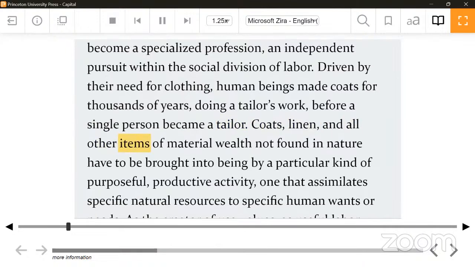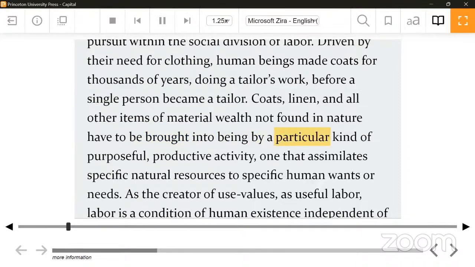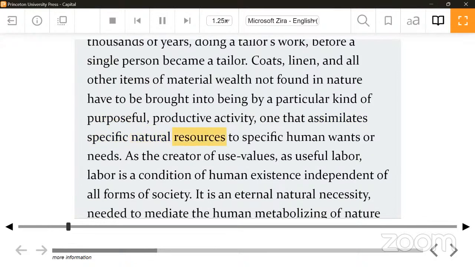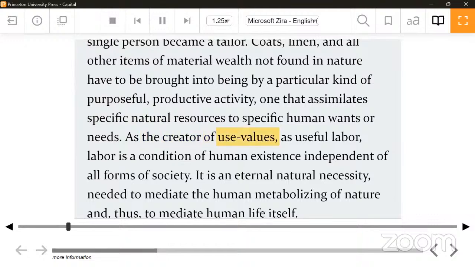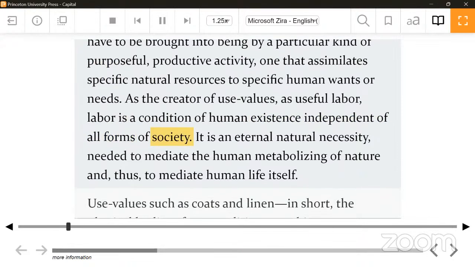Coats, linen, and all other items of material wealth not found in nature have to be brought into being by a particular kind of purposeful, productive activity, one that assimilates specific natural resources to specific human wants or needs. As the creator of use values, as useful labor, labor is a condition of human existence independent of all forms of society.